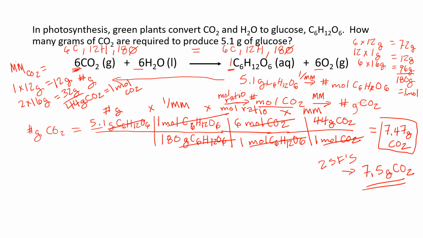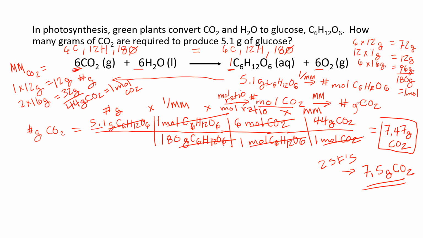Now, something I should tell you. If you're already in moles of a substance and you have to convert to grams of another substance, you skip this step. You just go from moles of that substance to the mole ratio, and then once you get to moles of the other substance, multiply it times its molar mass to get the grams of the other substance.